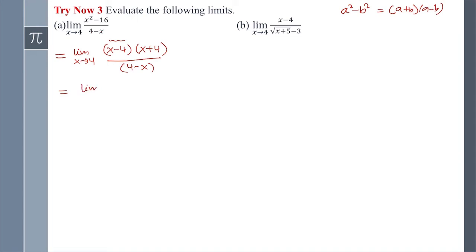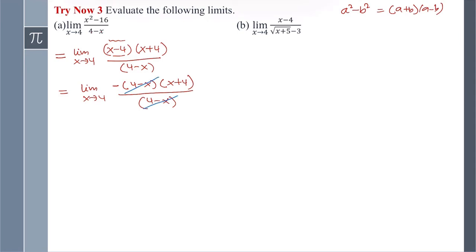So the limit as x approaches 4. If I factor out -1, then I can write 4 minus x. Now if you distribute that negative, you get the same thing that you have over here. So that times x plus 4 divided by 4 minus x. Now we can do the cancellation. So we can cancel this too.